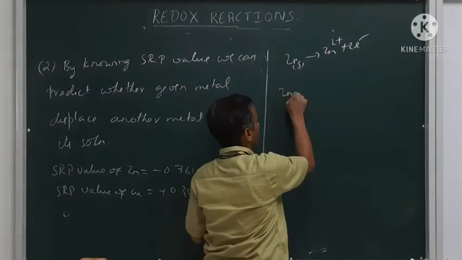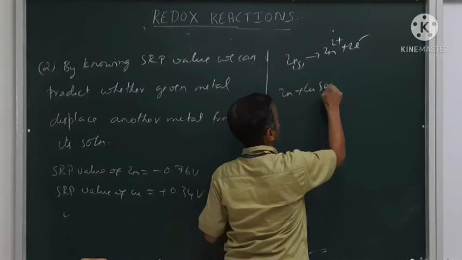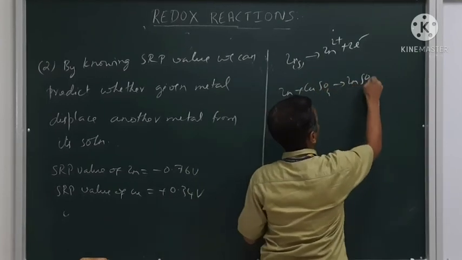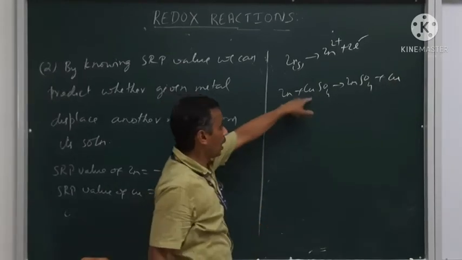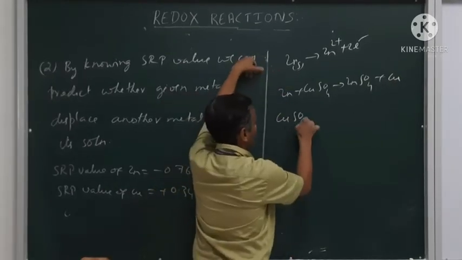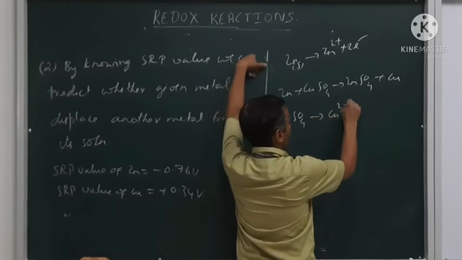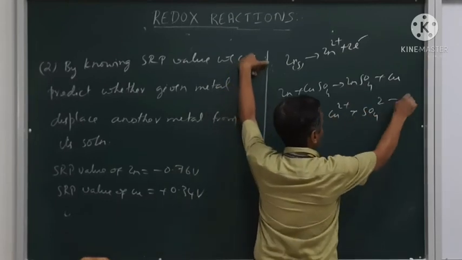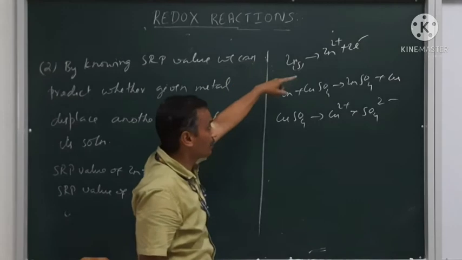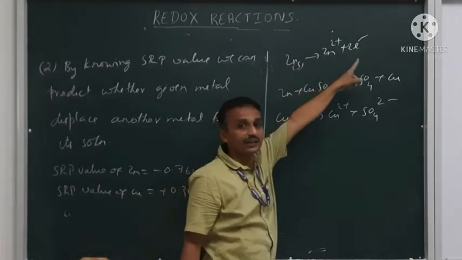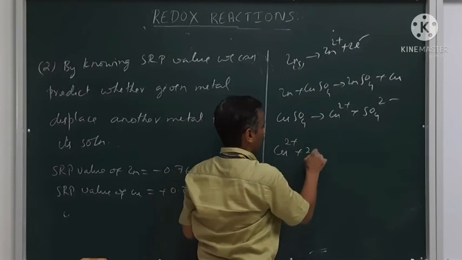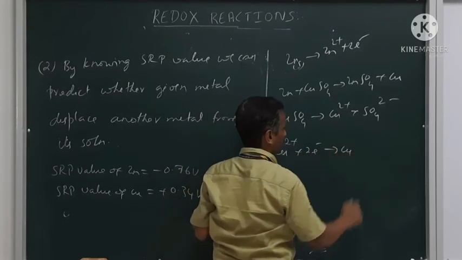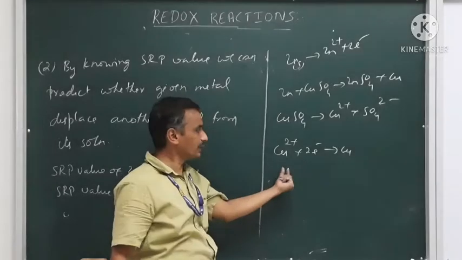Whether this reaction is possible or not, that I have to see. Copper sulfate is an electrolyte, and gives copper 2 plus and sulfate 2 minus ions. And remember, zinc is already giving electrons. These electrons are taken by the copper 2 plus to be converted into copper.